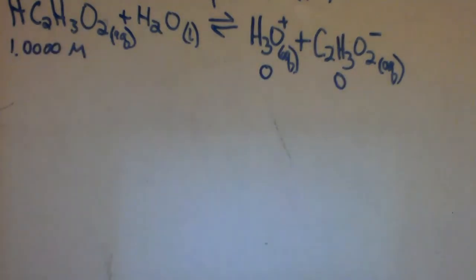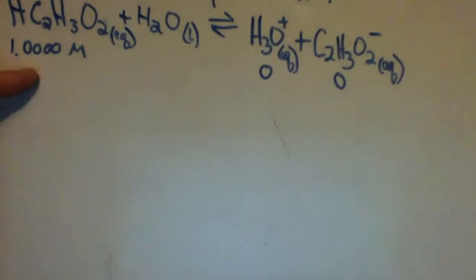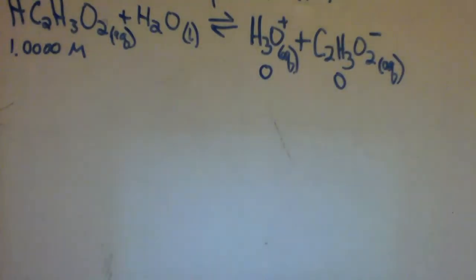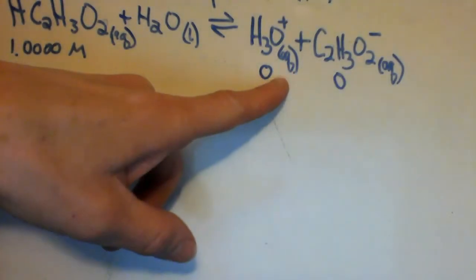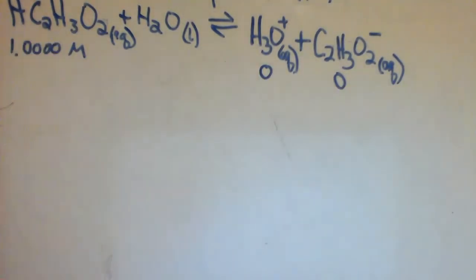The first thing I write down is the initial concentrations of each of these substances: the acetic acid, the hydronium, and the acetate ions. The next thing I'm going to do is subtract the concentration of hydronium ions that was given to us in the problem. That's because as the acetic acid dissociates in solution, some of it breaks apart and becomes hydronium and acetate ions.